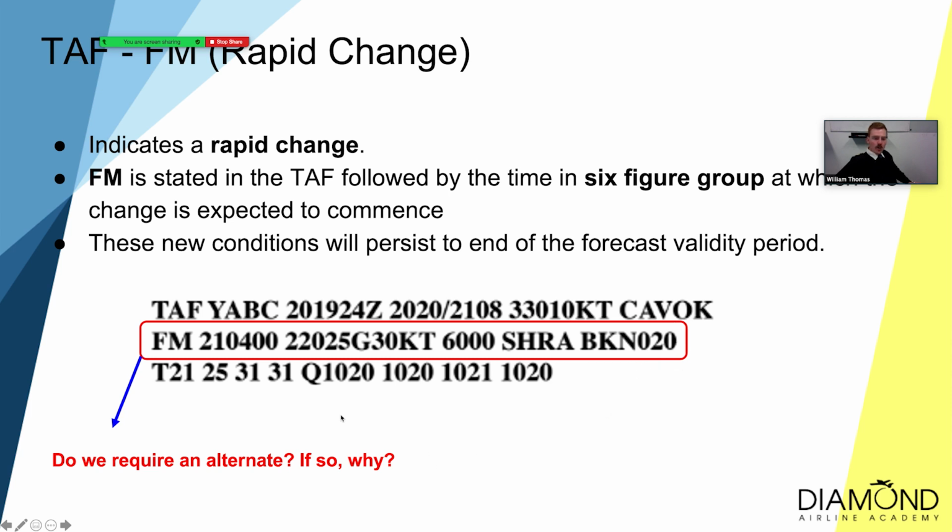Do we require an alternate? If so, why? Well, remember one of our VFR weather minimum, or alternate minimum, was visibility less than 8 kilometres. So if the forecast visibility is less than 8 kilometres, which in this case it's 6,000 metres, we require an alternate. So yes, we do, due to visibility.